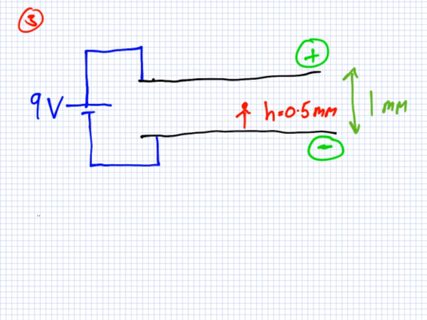So the formula for potential energy, not mgh, but QEH. Now the E is V over D.